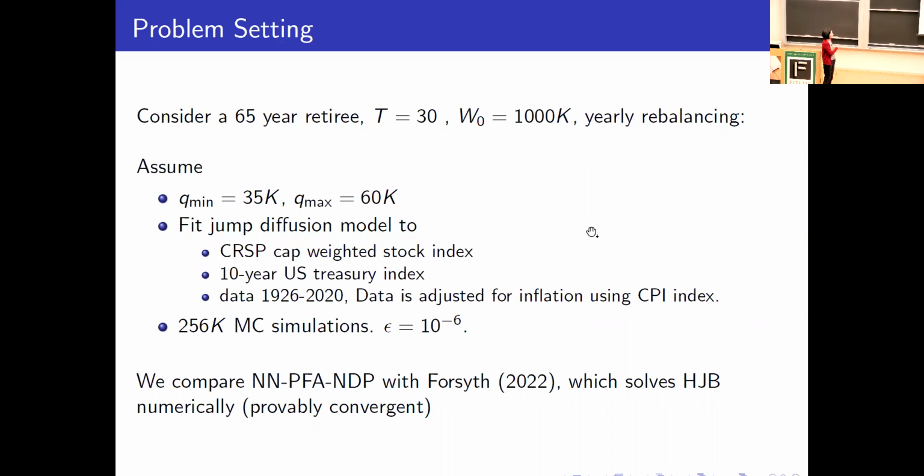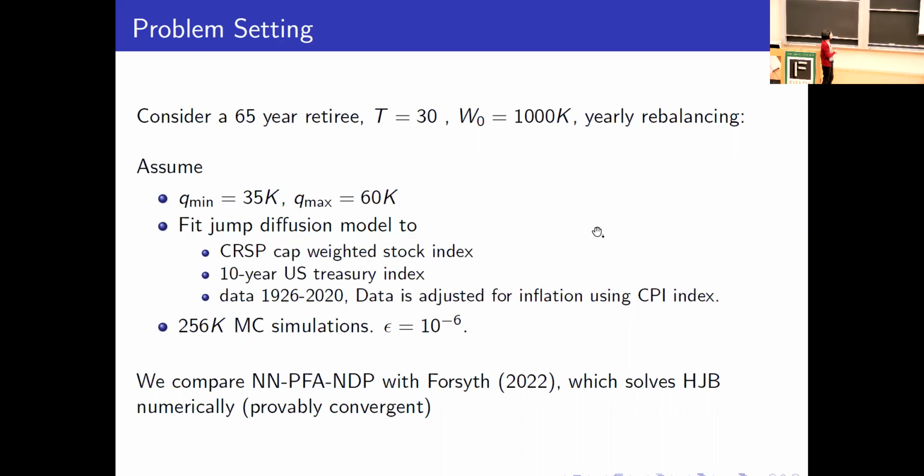We fit our parametric jump diffusion model to historical data starting from 1926, using the CRSP cap-weighted stock index and the 10-year Treasury index. We use data from 1926 to 2020, and the data is all adjusted for inflation using the CPI index. Inflation is really relevant in this day of life.